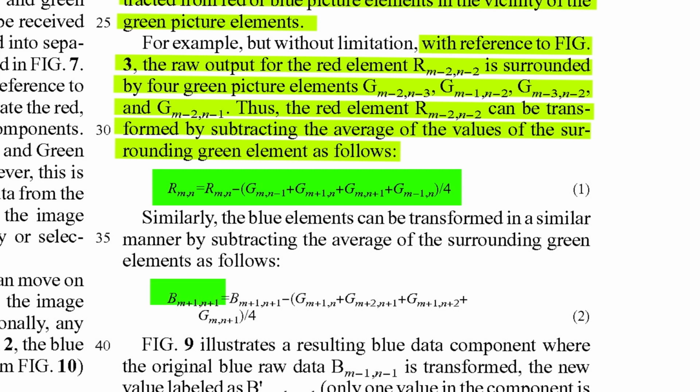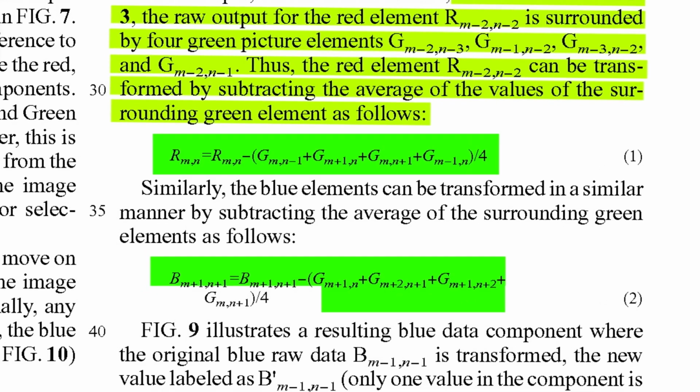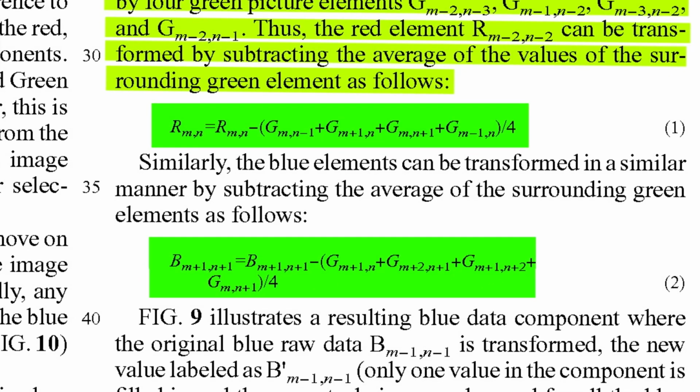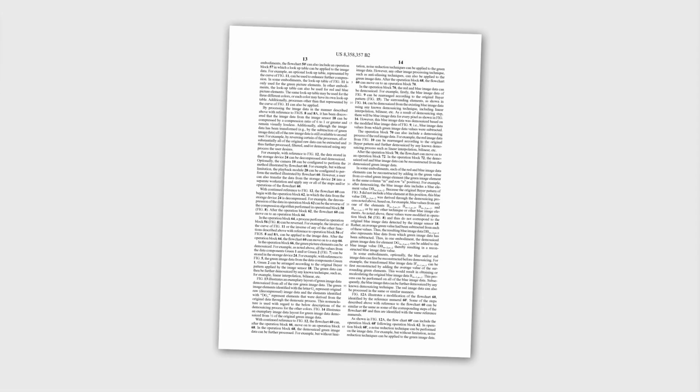Similarly, for the blue element in the middle, we get the average of the 4 surrounding green elements and subtract it from the blue and call it blue prime. That is green 1 plus green 2 plus green 3 plus green 4, divided by 4, subtracted from the blue. Now, going back to the 2 pages that we set aside, we see on figure 10 the same calculation just put in a table.